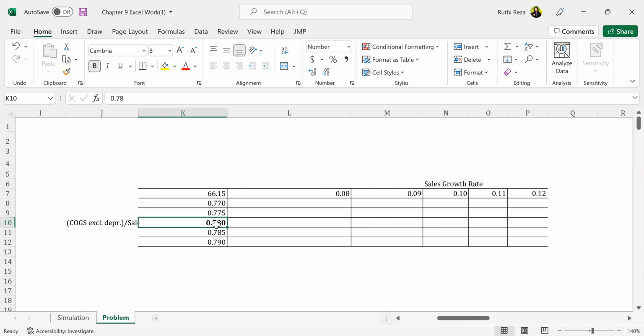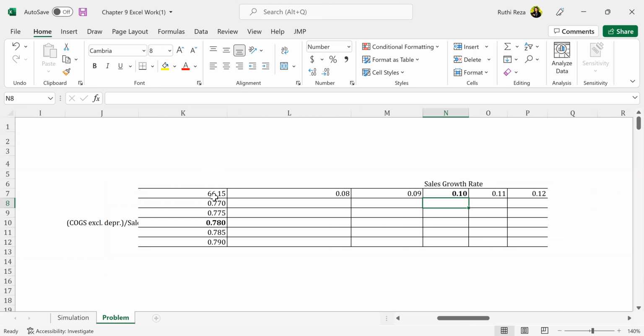So here you can see our expected sales growth rate in the year 2022 is 8%, whereas our cost of goods sold as percentage of sales is expected to be 78%. Now we are going to see the sensitivity of our net income with the changes in these two factors.